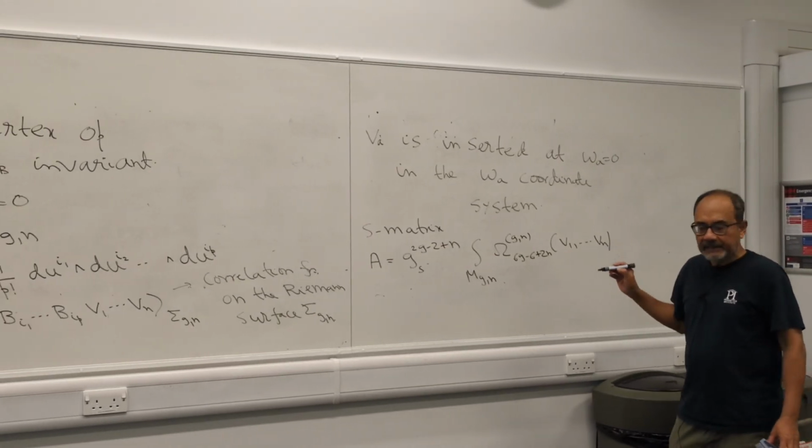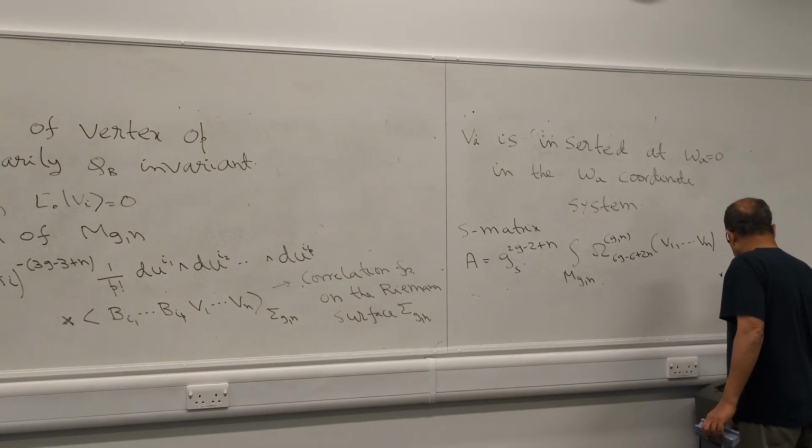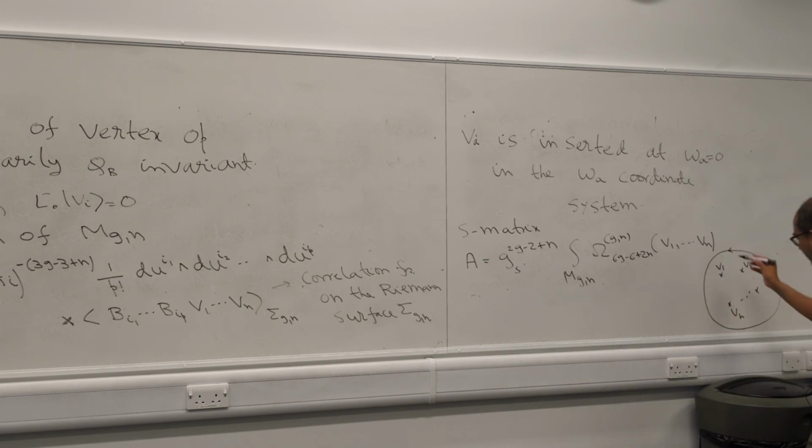That is effectively taking all the V's and doing an integral of the BRST contour around all the V's. Because that's what this is.